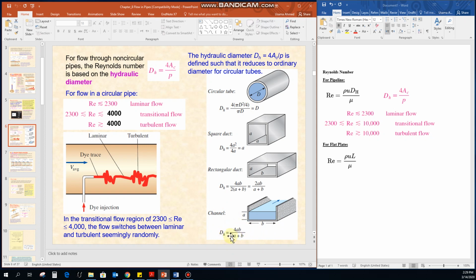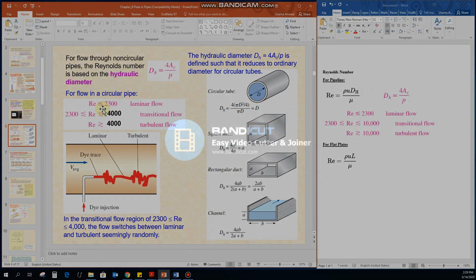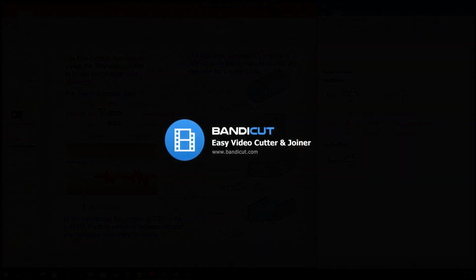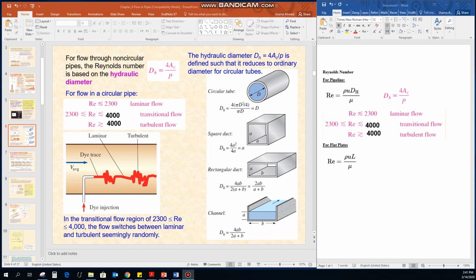Now if we are calculating the value of the Reynolds number using the standard values for flow in circular pipes, if you are dealing with circular pipelines, so we were talking about the Reynolds number calculation for the pipeline.